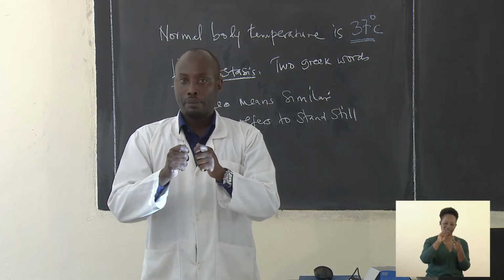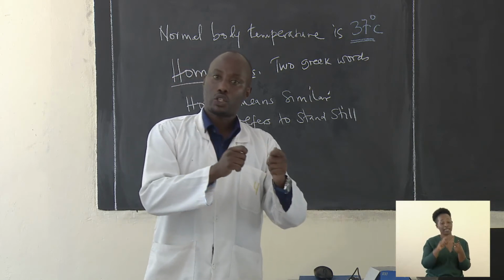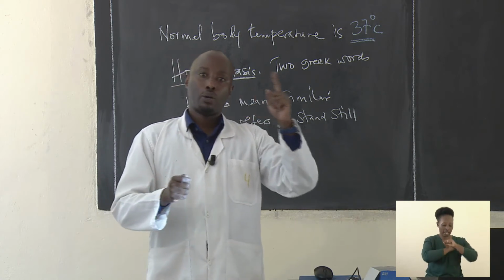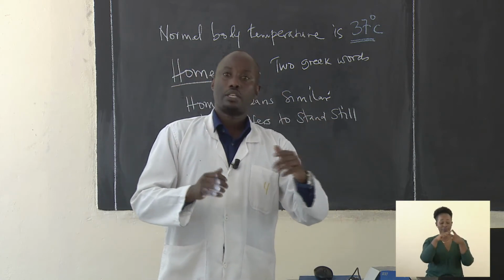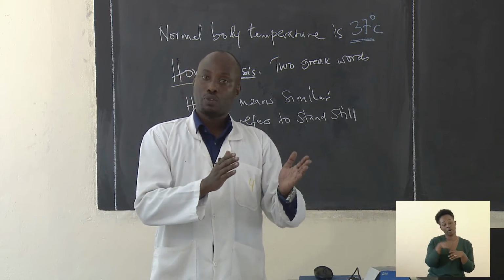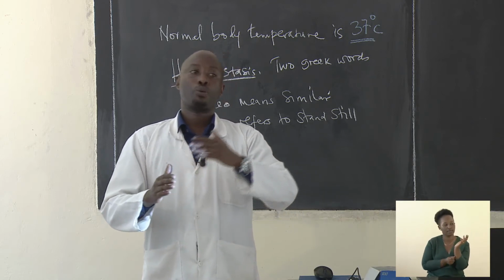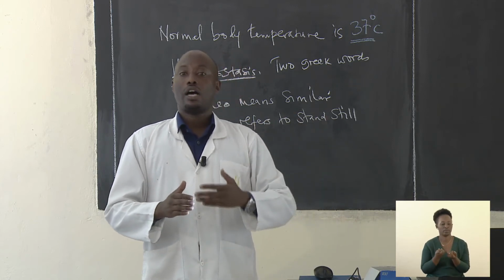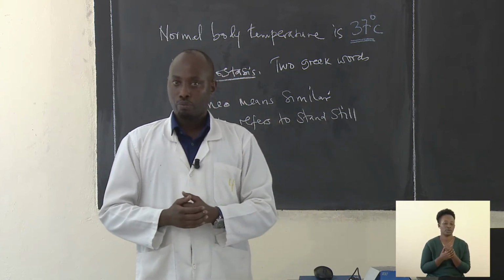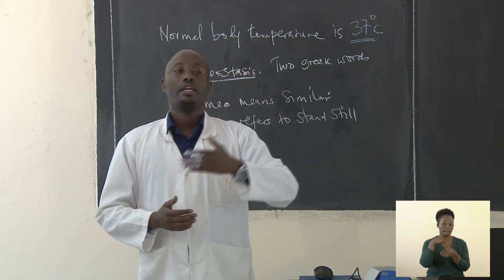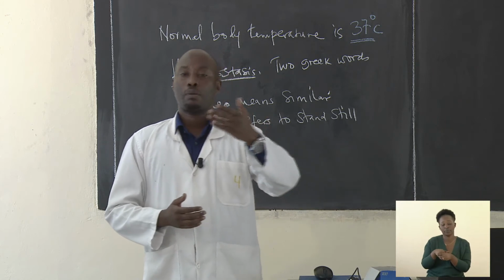The epidermis plays the function of protective properties. Now the dermis is made up of blood capillaries or blood vessels, which supply the skin with nutrients as well as oxygen.